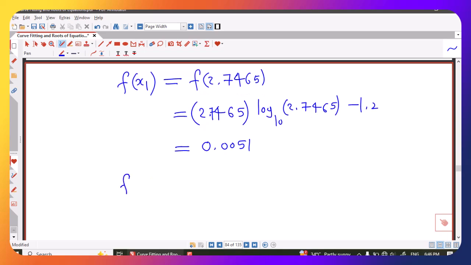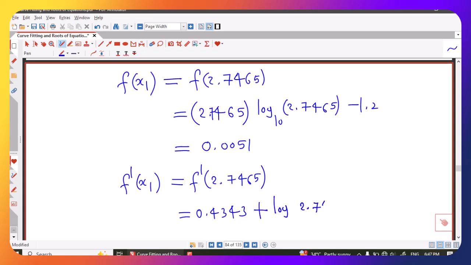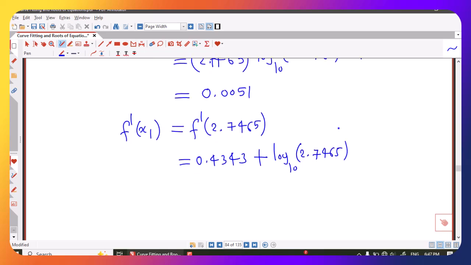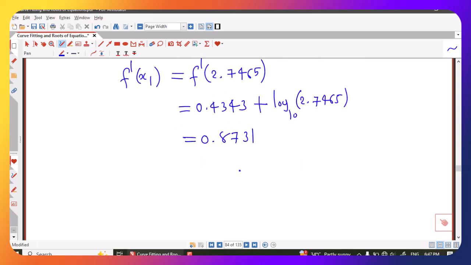We will require first derivative also at this point. F dash at 2.7465. First derivative was 0.4343 plus log x base 10, that is 2.7465 base 10, and this also I have calculated, and I find that this is 0.8731.